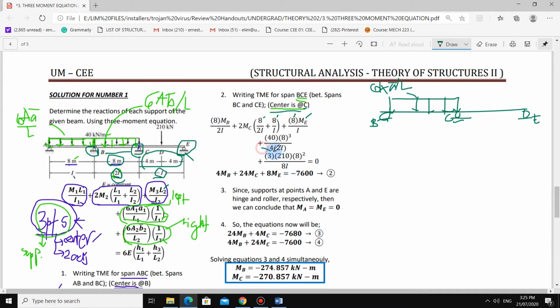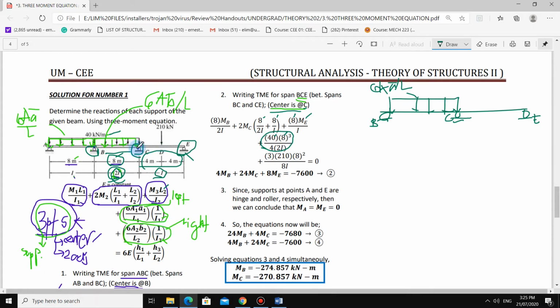So that's why in your solution now it is W L cubed over 4I. Okay? So W is 40, this is 40. Then the length 8, then over 4. Then your I1 now is 2I. Okay? It's on the left side, okay? All on the left side. Then plus 6A B bar over L, then times 1 over I2.